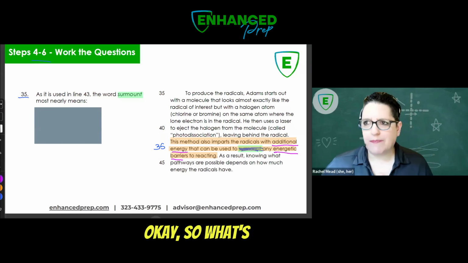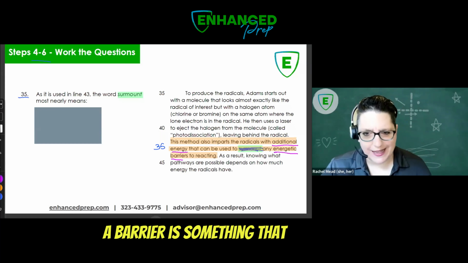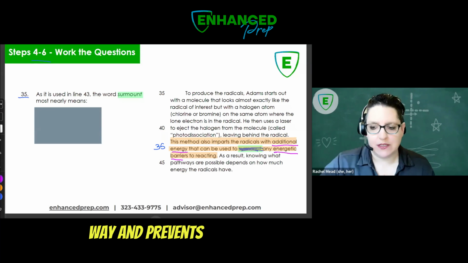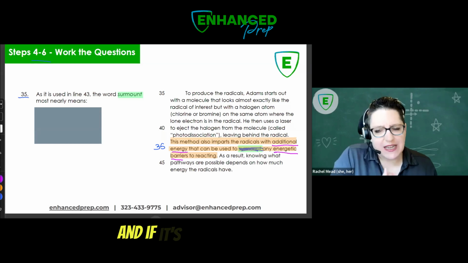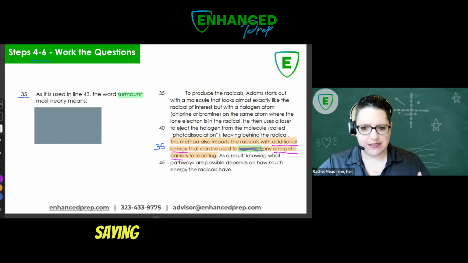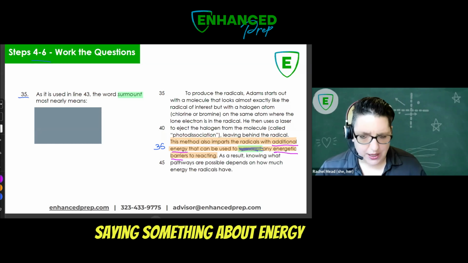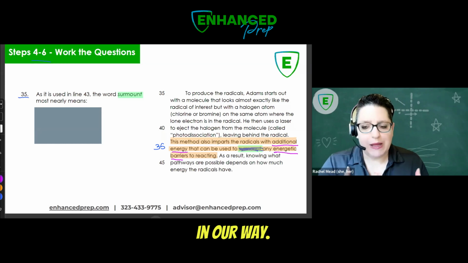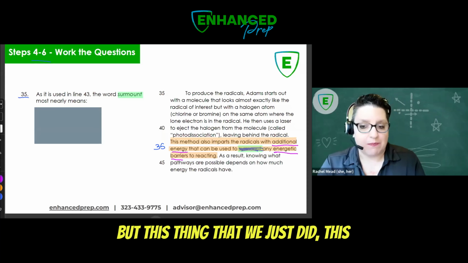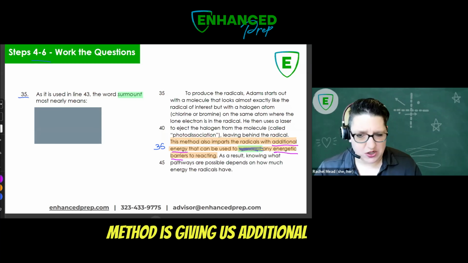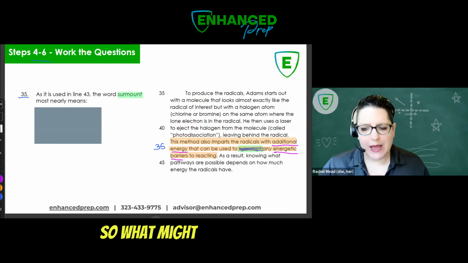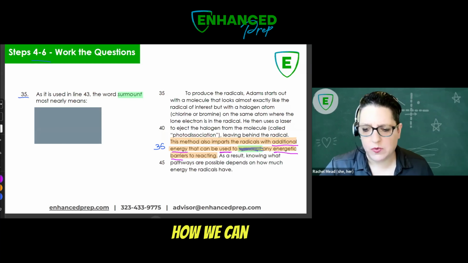Okay, so what's a barrier? A barrier is something that gets in our way and prevents us from moving forward. And if it's an energetic barrier, it's saying something about energy is getting in our way. But this thing that we just did, this method, is giving us additional energy. So what might that be doing in terms of how we can use it?